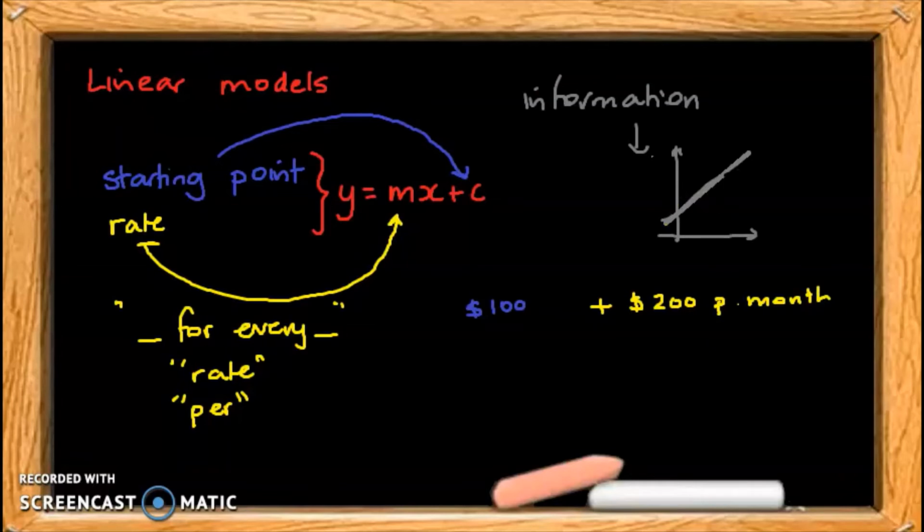First of all, it tells me my y-intercept is going to be at 100. It also tells me that my y-axis is going to be measuring money.